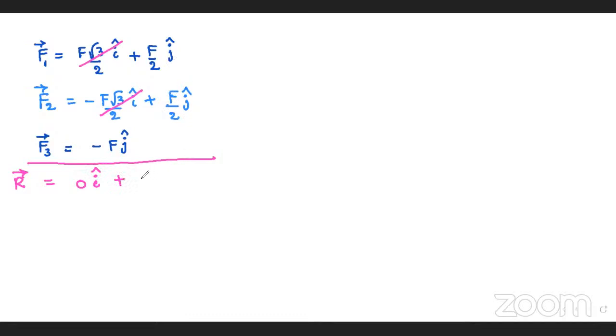plus y components, if you check there, f by 2 j cap. If I take common from all the three, or else simply f j cap if I take common. Why? Because f by 2 is not there in the third one. So I am taking f j cap common. That is 1 by 2 here in the first one.